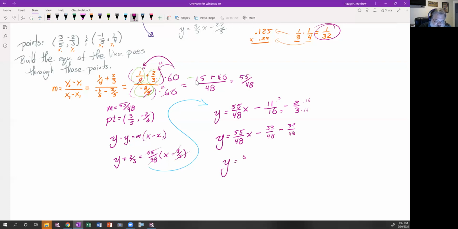So y equals 55/48 x minus, what is that, 65/48? And boom, that's the equation of our line, in a nice slope-intercept form.